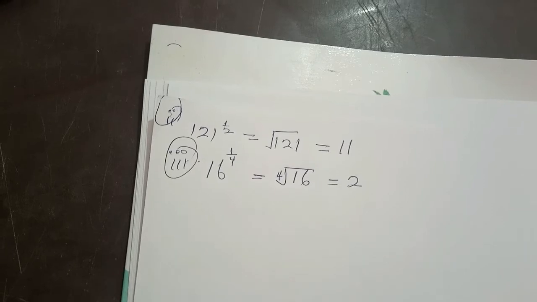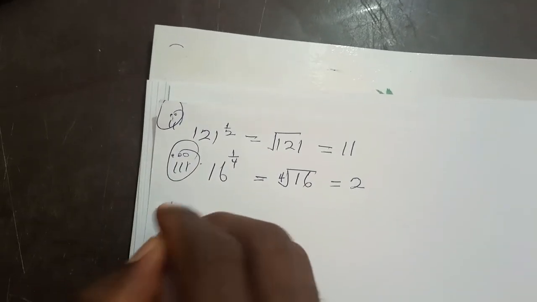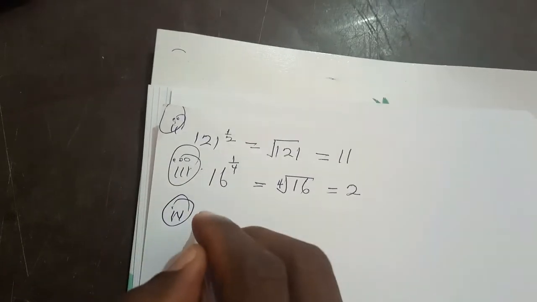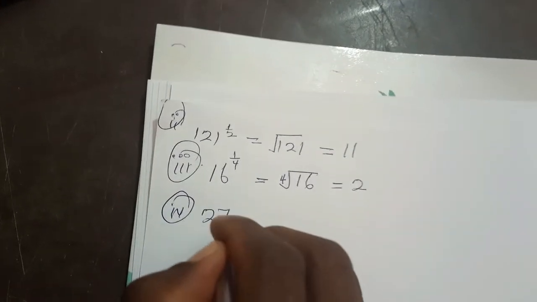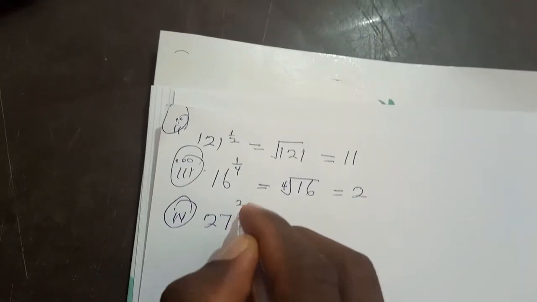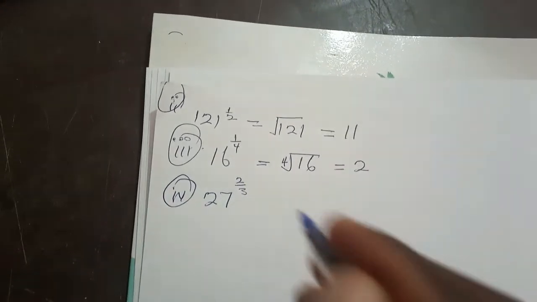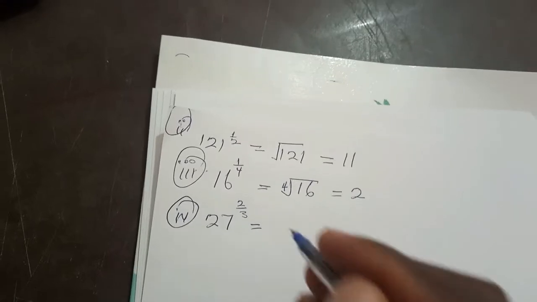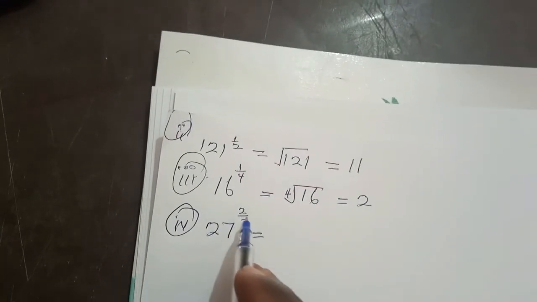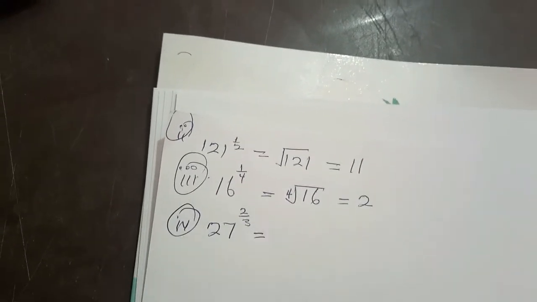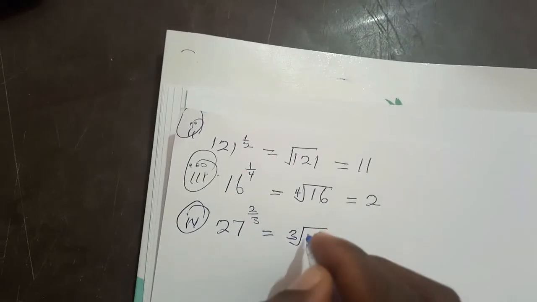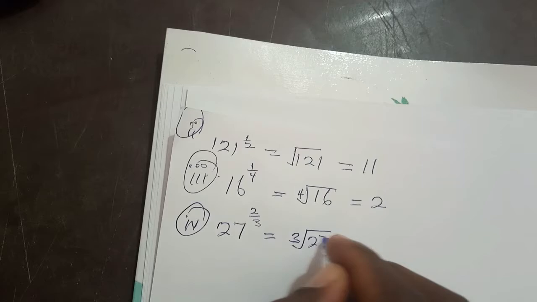We take the last example. 27 exponent 2/3, and that will give us, so you see here again our n is 3, so that means that will give us cube root of 27.